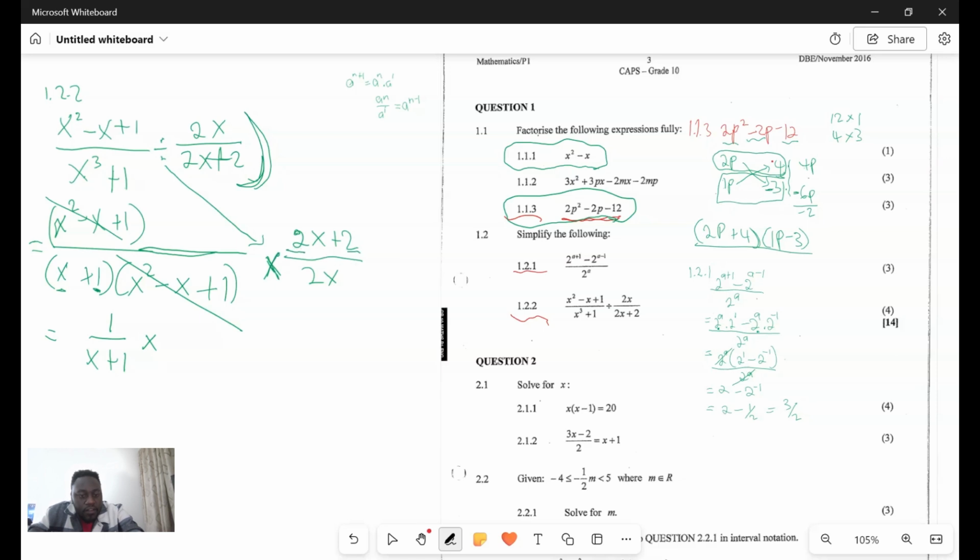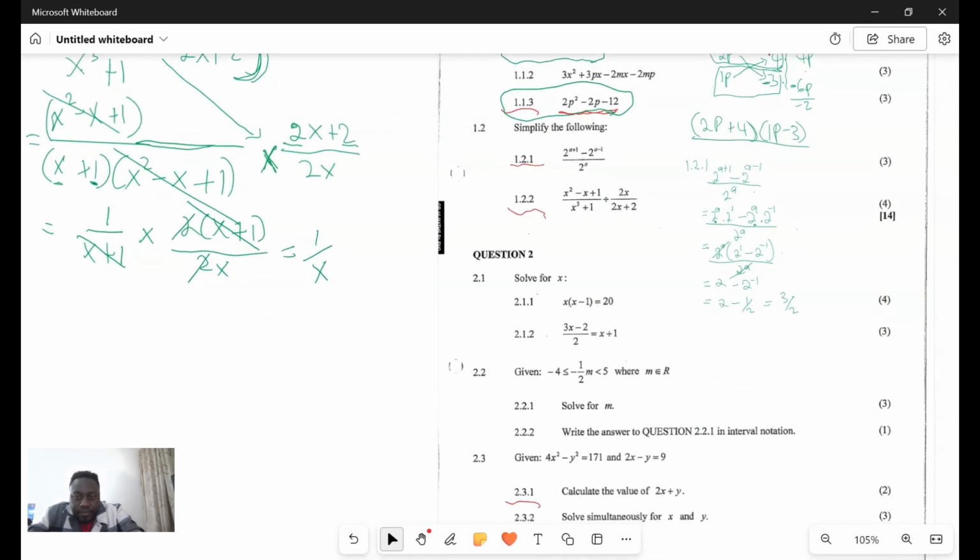Remove 2 as a common factor here: you'll say 2 times (x plus 1) all divided by 2x. Now cancel the 2 and 2, and also cancel the x plus 1 and x plus 1. You're just left with 1 over x. I hope you get that.